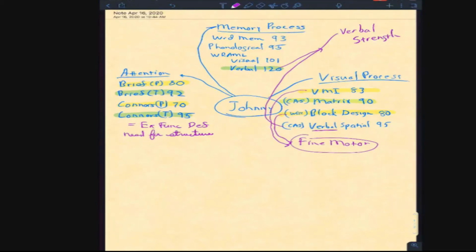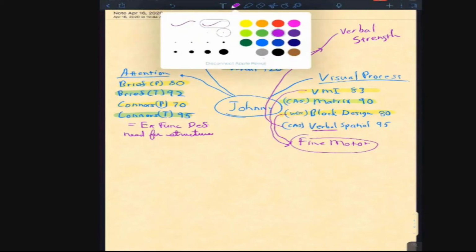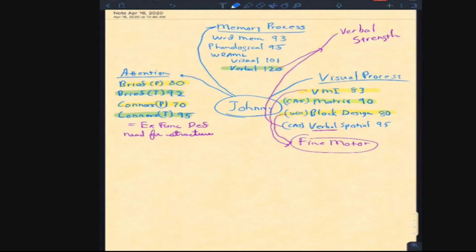All right, let's take a look at auditory processing. See if that's going to point out anything to us. I'm just going to bring that down here. Again, we know the word memory came in at 93.